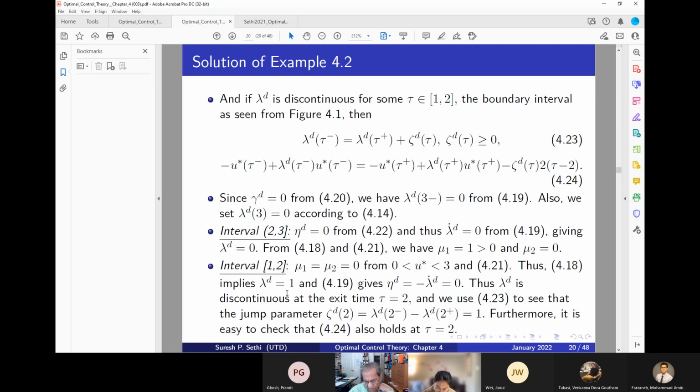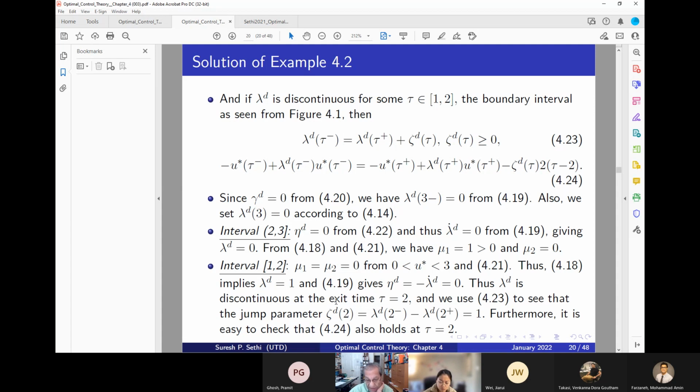Because lambda d equal to 1 here, and here the lambda d was 0, so then we know that at 2, lambda d is discontinuous. I think it would have been nice to write here that from the previous case lambda d was 0, here lambda d equal to 1, and therefore lambda d is discontinuous. Is that clear?